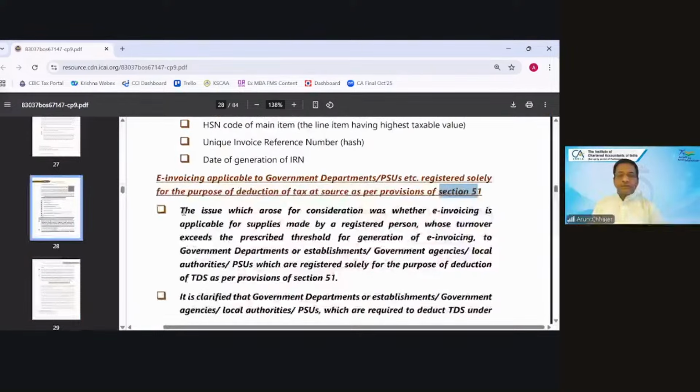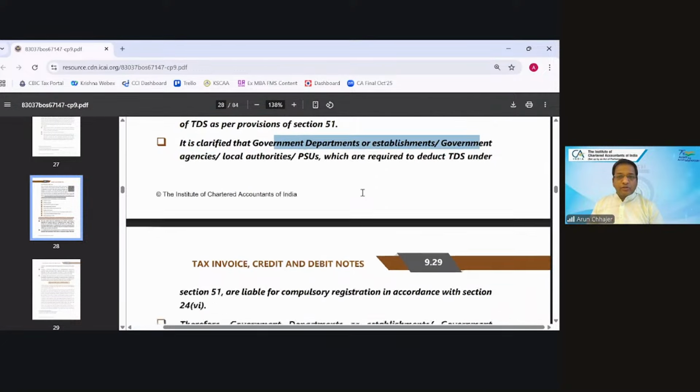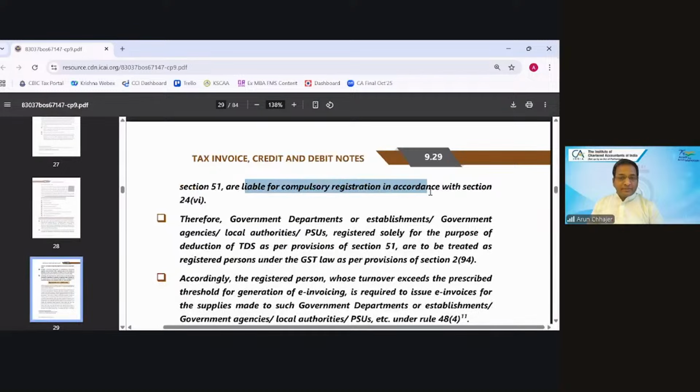Let's read the provision. The issue which arose for consideration was whether e-invoicing is applicable for the supplies made to a registered person whose turnover exceeds the prescribed limit, to the supplies made to a government department or establishment, government agency, etc. It is clarified that government departments or establishments, government agencies, local authorities are liable for compulsory registration under section 24, and therefore a government department registered only for the purpose of TDS is also to be treated as a registered person.